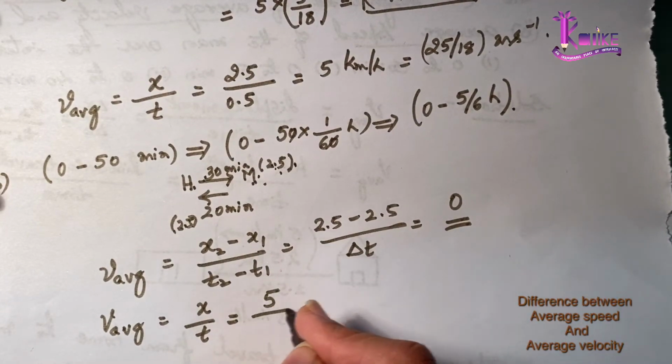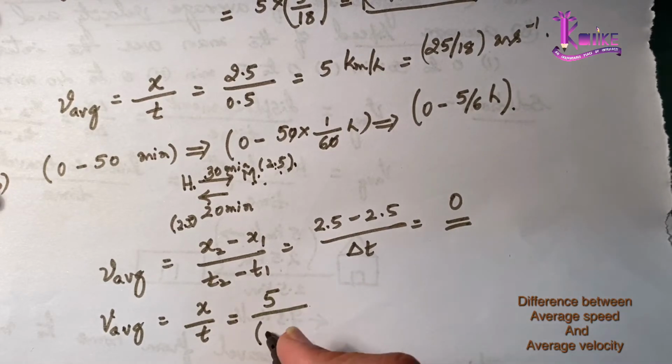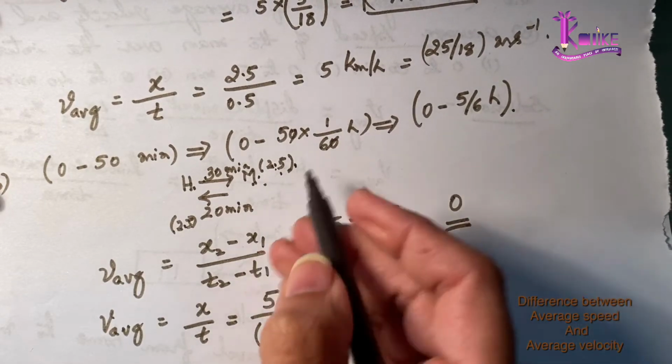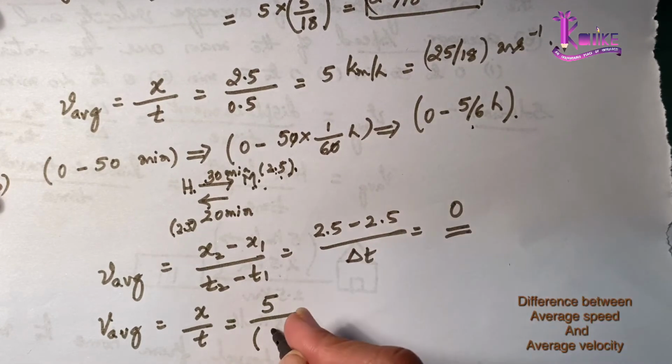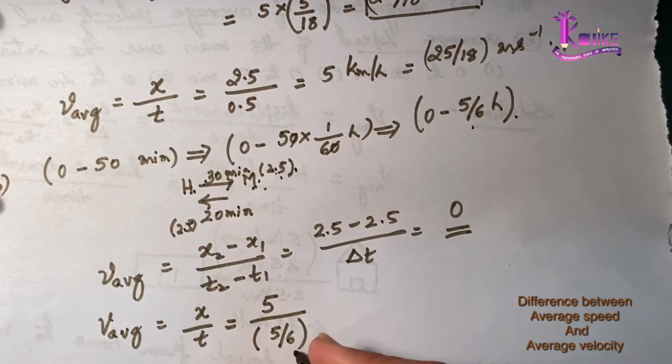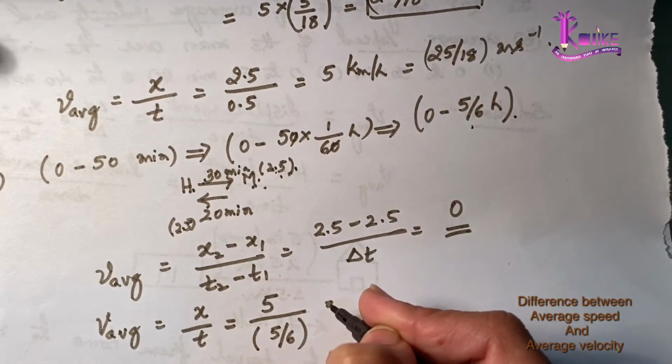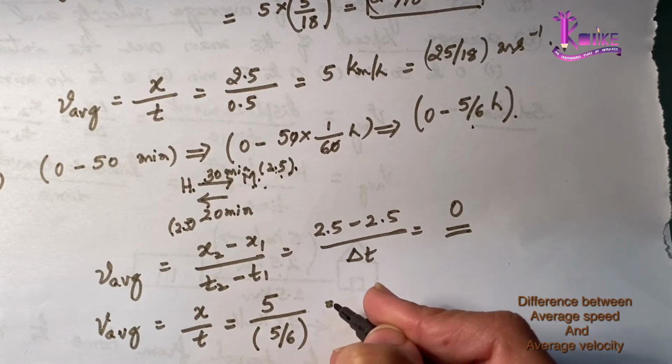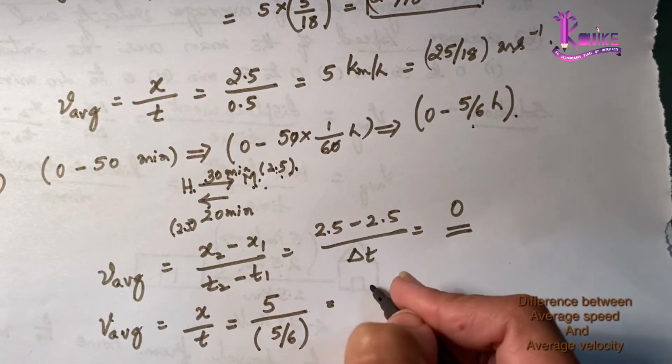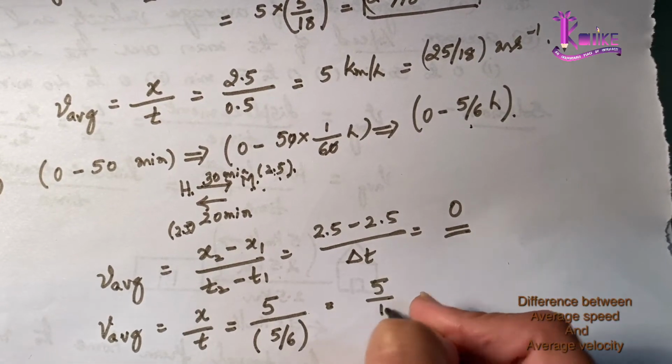So therefore divided by what is the time he takes? Time taken is 5 by 6 hours. Right? So this will be 5 divided by 1.